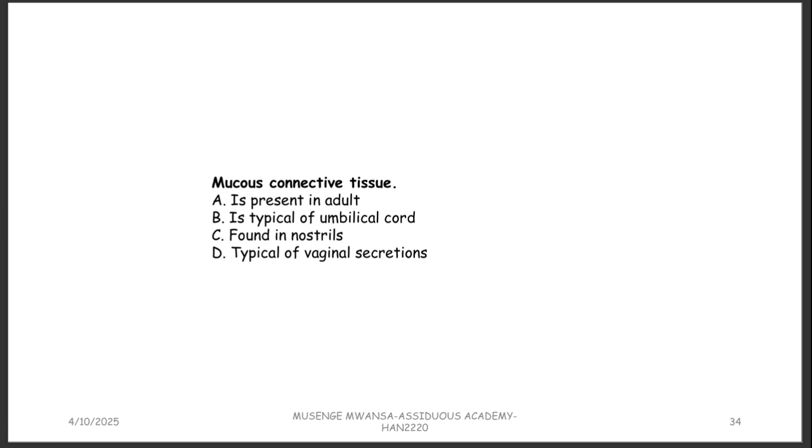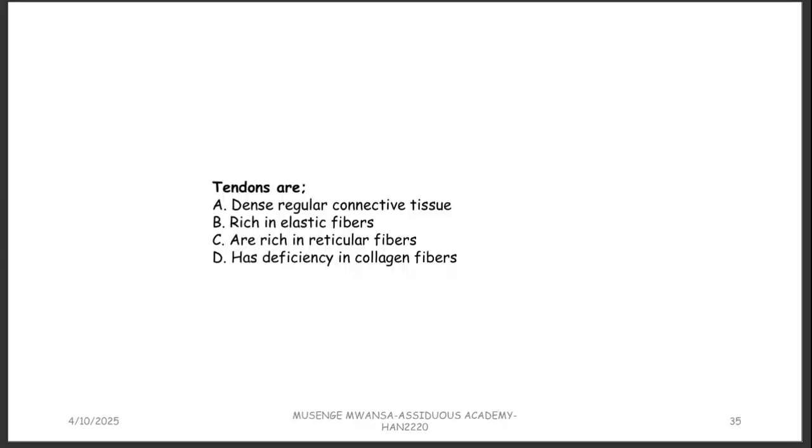So the answer is B, is typical of umbilical cord. Tendons are dense regular connective tissue, rich in elastic fiber, are rich in reticular fiber, has deficiency in collagen fiber. What can you pick there? Excellent memory. So it is a dense regular connective tissue.